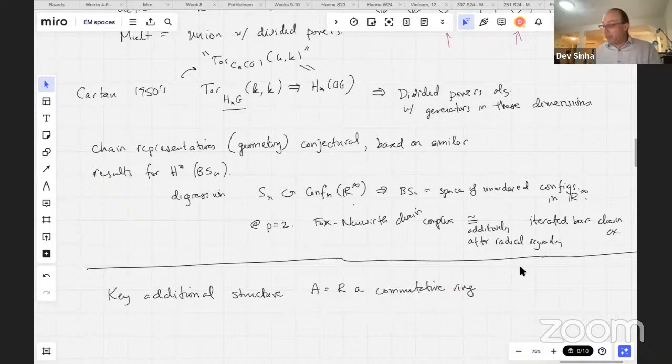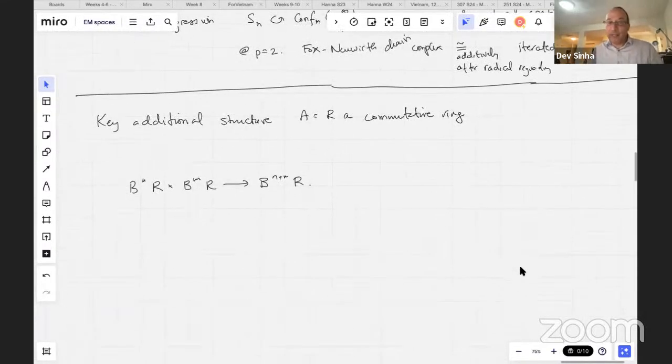We can ponder this for non-commutative, but we'll stick for sure with commutative. Namely, our iterated bar construction has a multiplication arising from the multiplication. Remember, these are topological abelian groups on the nose by union, so to speak.